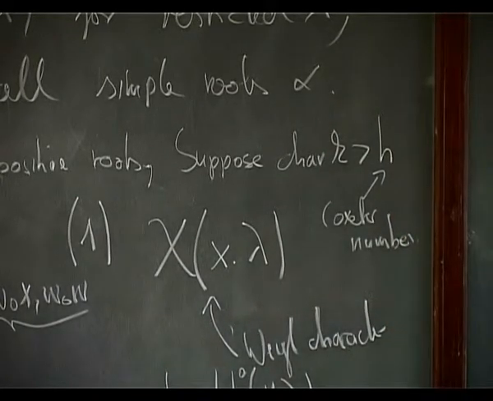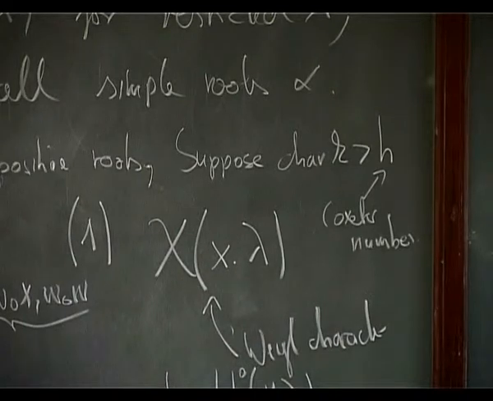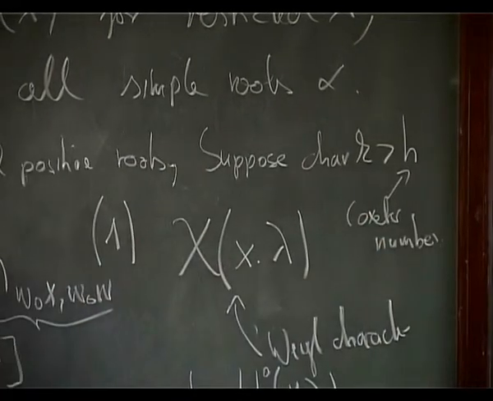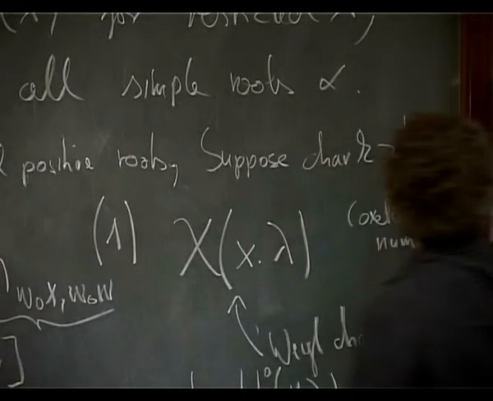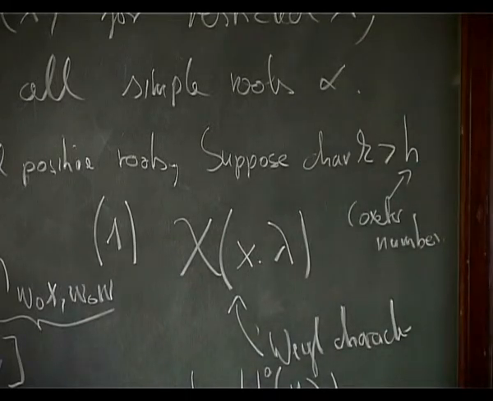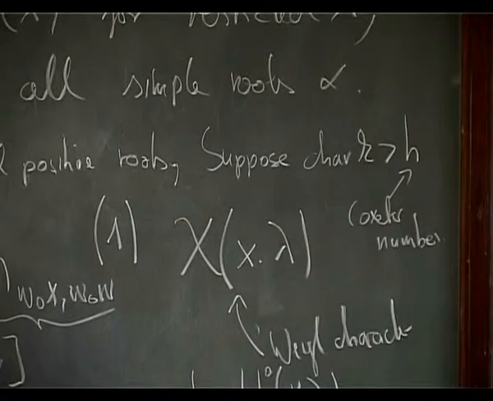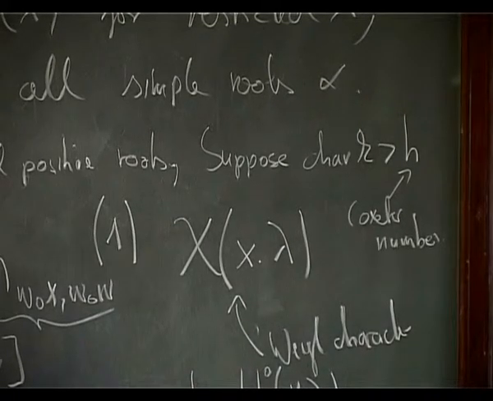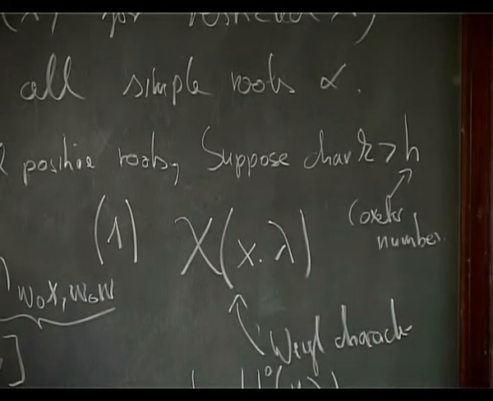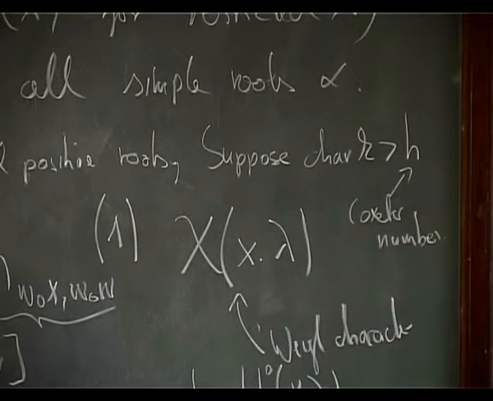Okay. Well, anyway, let me now say something about the history of this conjecture. What is interesting here is that we have to think of G as a group scheme.